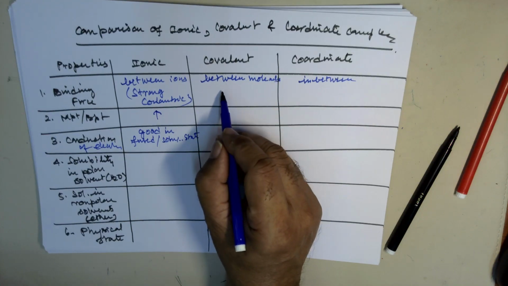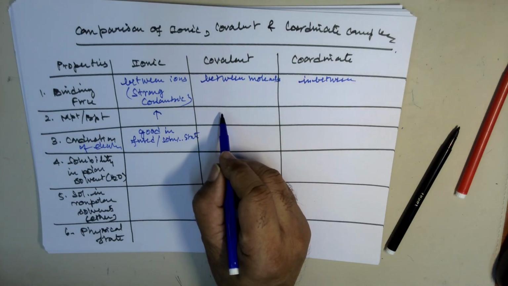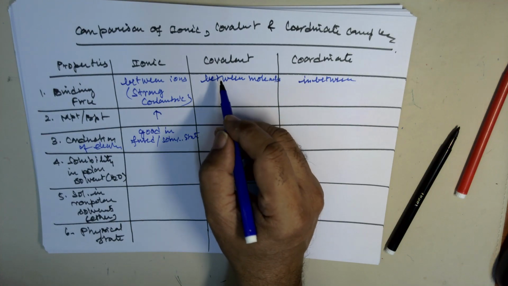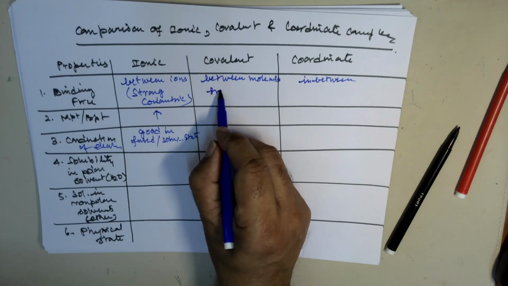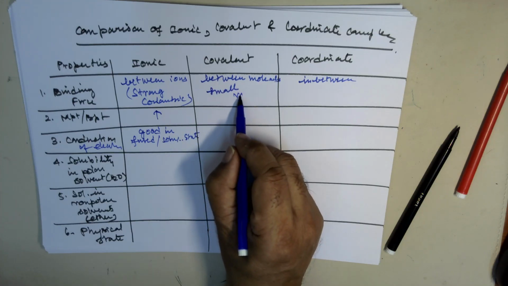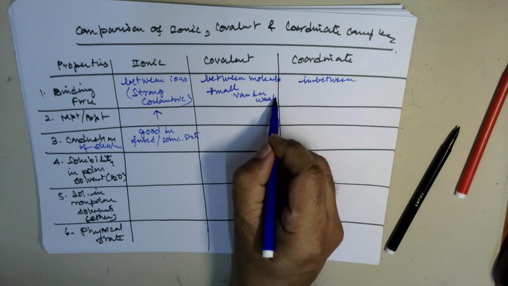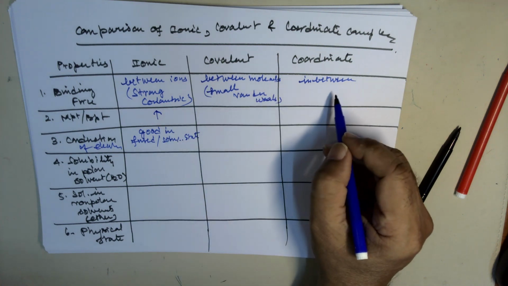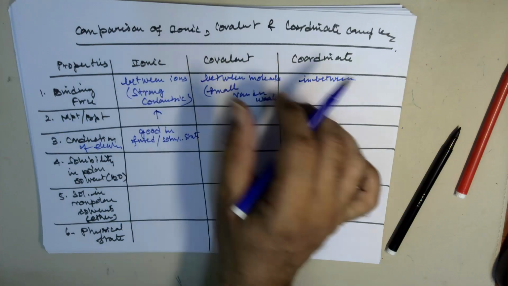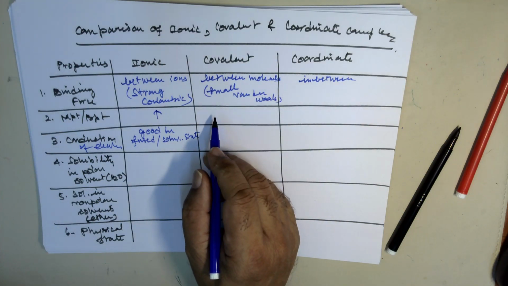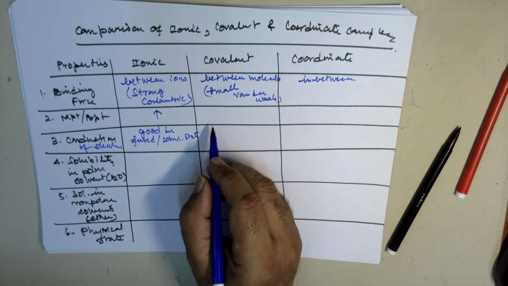And here, what about the strength of the force? Smaller, is van der Waals, is weaker, right? And this is in between. Then what about the melting point and boiling point?